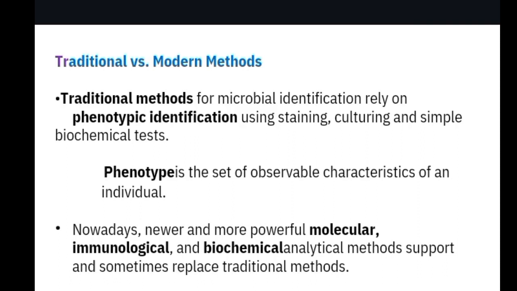As you know, a phenotype is a set of observable characteristics of an individual, like physical size, shape, color, smell, etc. Nowadays, newer and more powerful molecular, immunological, and biochemical analytical methods support and sometimes replace the traditional methods. In modern methods, we usually use molecular, immunological, and biochemical methods, while in traditional methods, we use simple biochemical tests, culturing, and staining, etc.